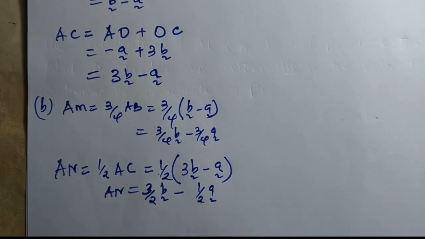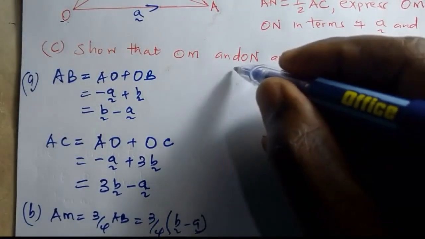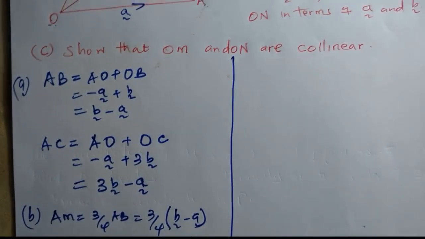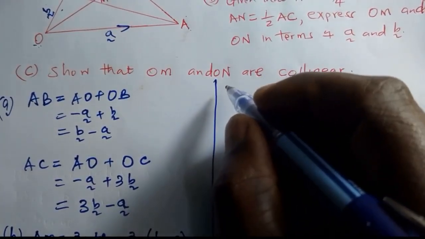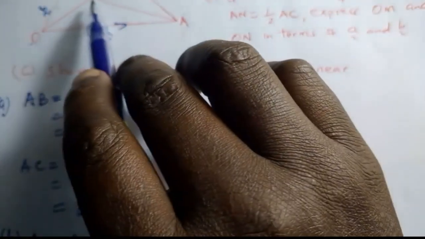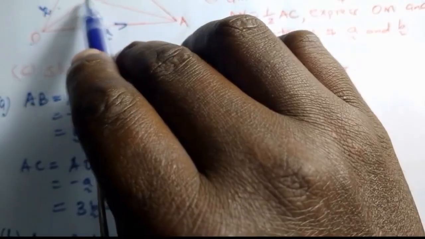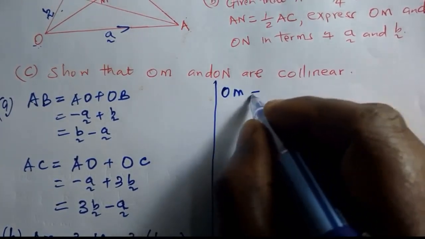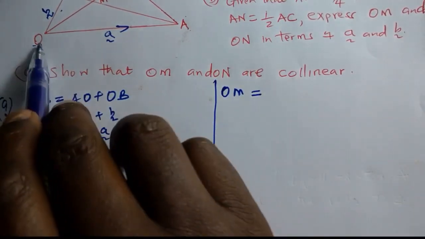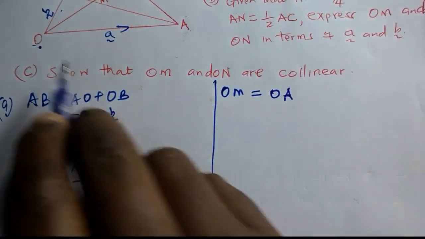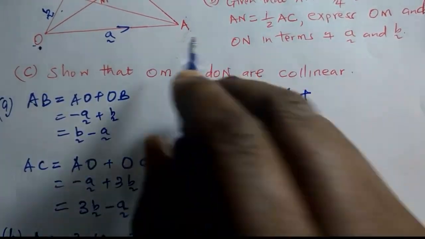Now, how do we get ON? So let's go back here. OM is equal to a certain scalar of ON, so we can first get OM. OM is equal to OA plus AM.